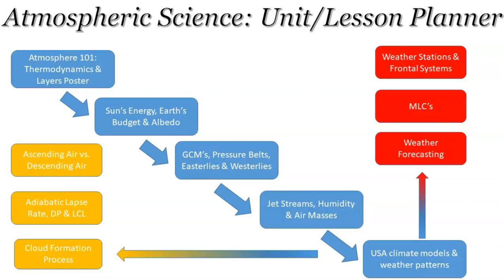So I always start with the why we're doing this and the importance of learning about the atmosphere. The atmosphere is a very complex layer of gases that act as a fluid, but you can also bring in a lot of atmospheric chemistry and atmospheric physics with thermodynamics, looking at how heat is transferred throughout this medium around the world.